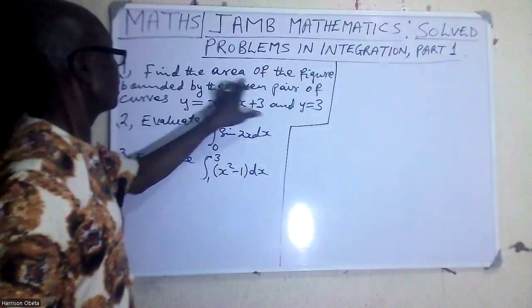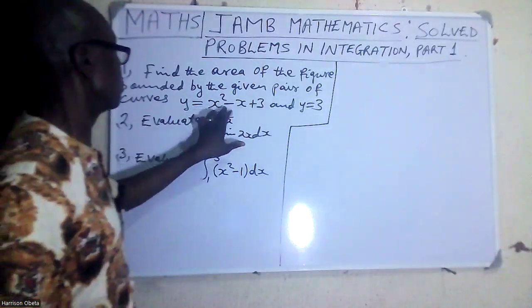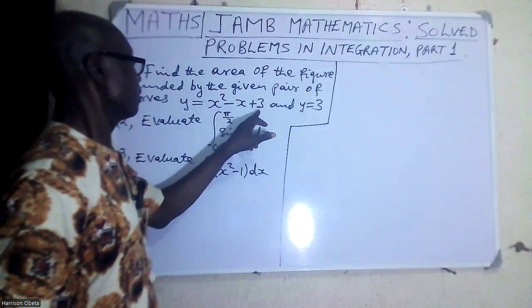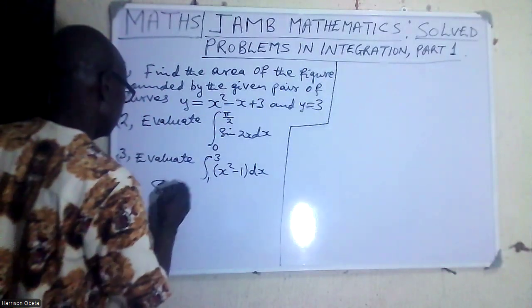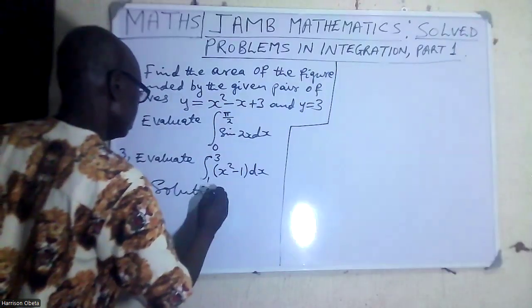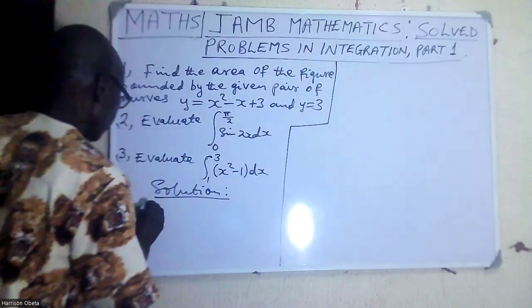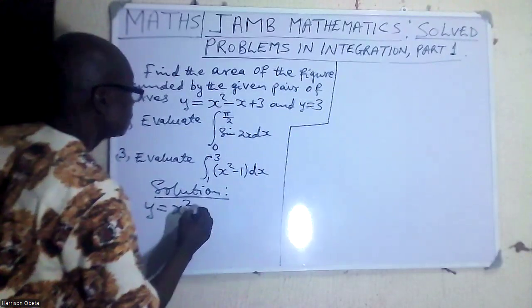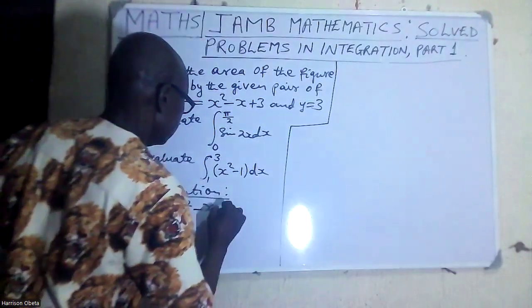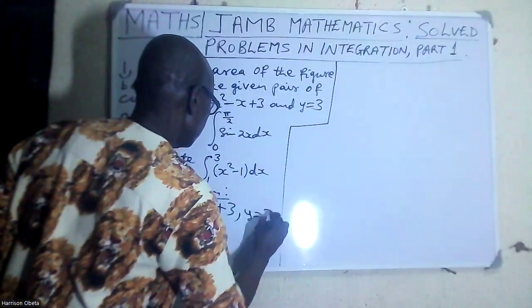We are told to find the area of the figure bounded by the given pair of curves, y equal to x squared minus x plus 3 and y equal to 3. Solution. Now we have y equal to x squared minus x plus 3, and then y is equal to 3.